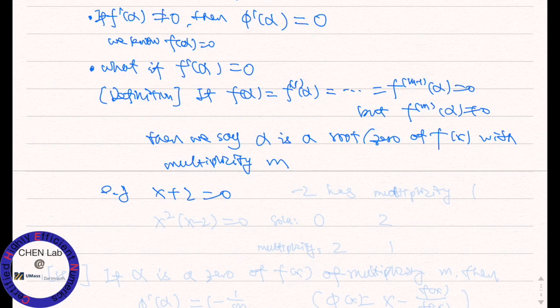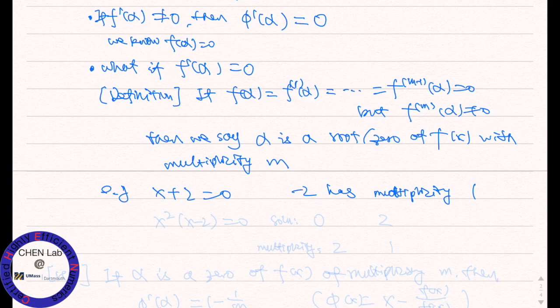You only get, if you keep taking derivatives, when m is 1, it's already not 0. So negative 2 has multiplicity 1, right?